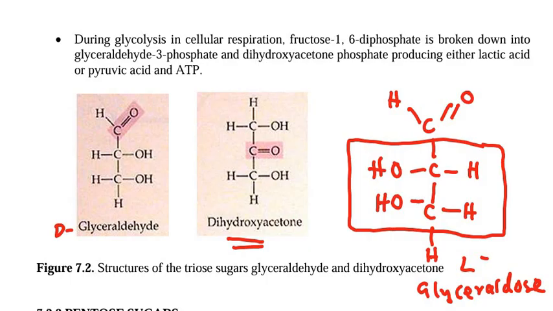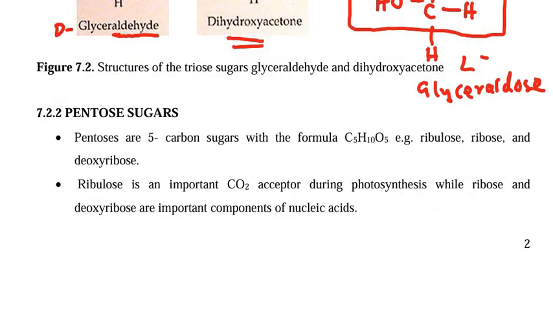So that's what you have in terms of trioses. If you notice the name here, I've made it short and just said glyceraldose. It's the same thing as finishing it off and saying glyceraldehyde. The prefix or shortcut for aldehyde is just aldose. You notice the difference in how some authors are going to be writing their aldehyde sugars.